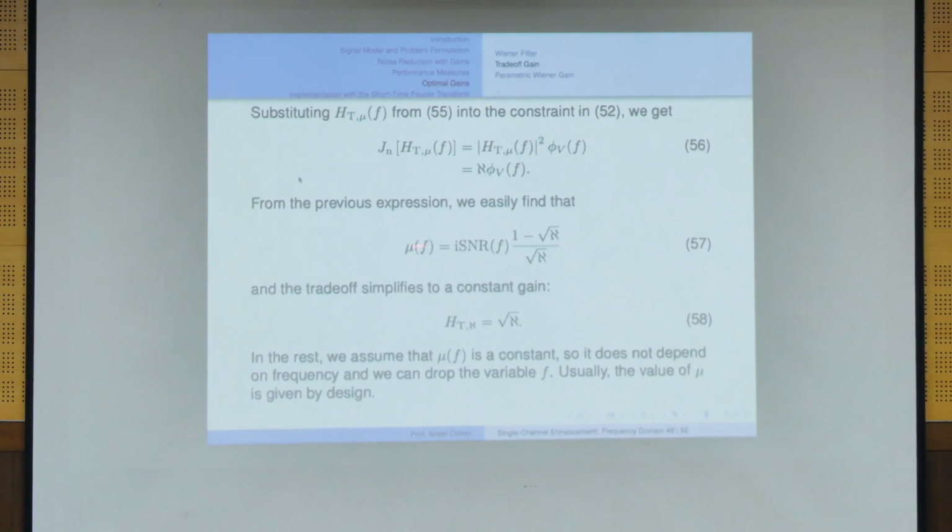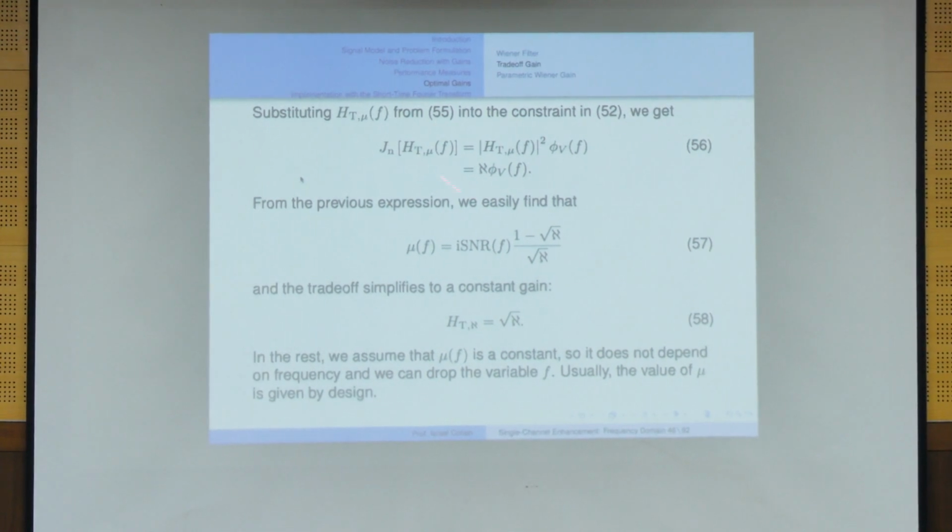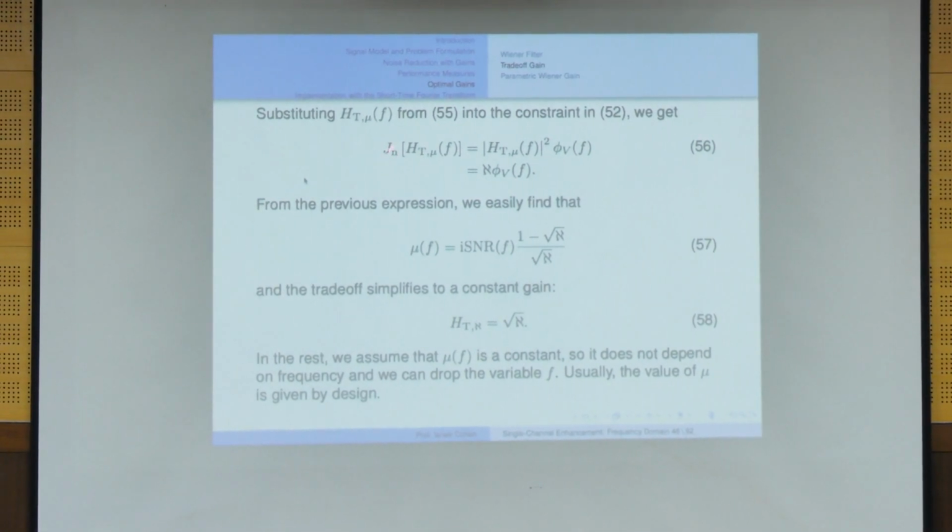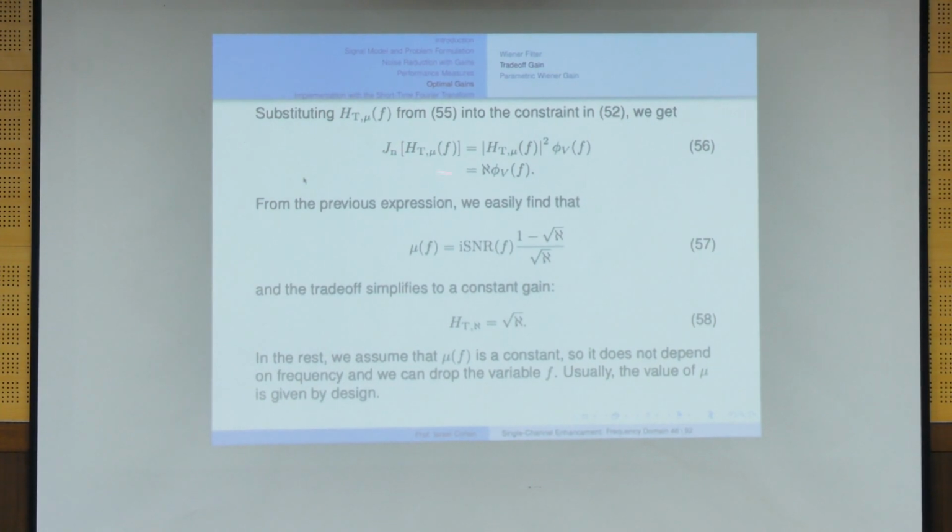So we get, you see, in the time domain, for example, we had to do it numerically, here we can get this expression. So we can obtain mu such that the constraint on the residual noise-based MSE will be satisfied.